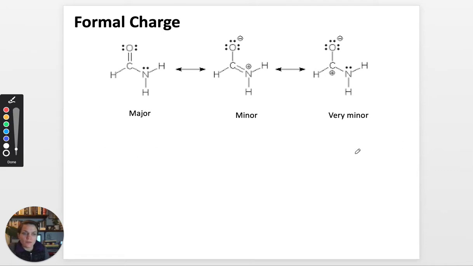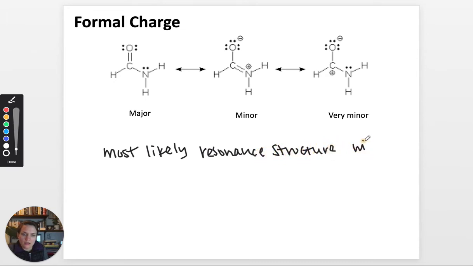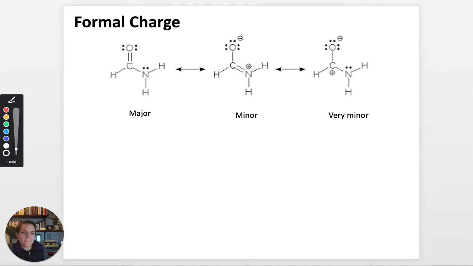So the most likely resonance structure is going to minimize the number of formal charges, right? Because all of the elements are bonded in a way that correlates with their chemical structure and behavior.